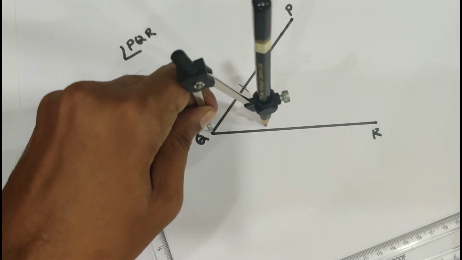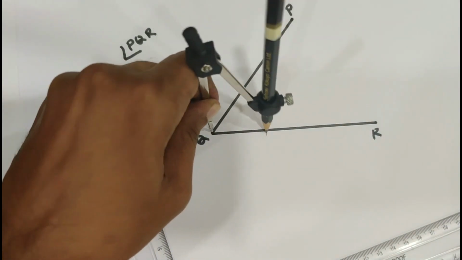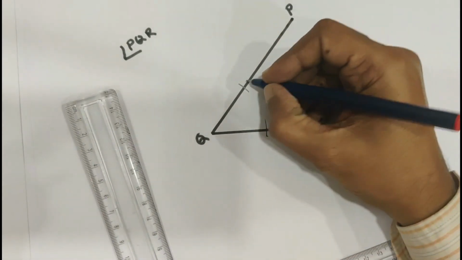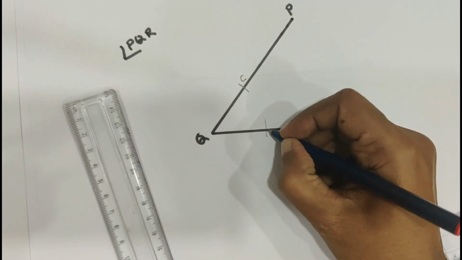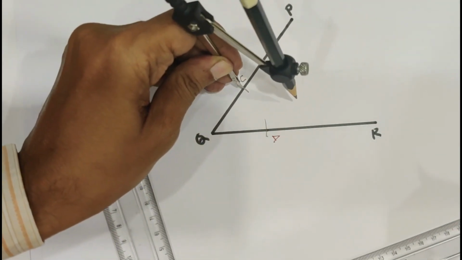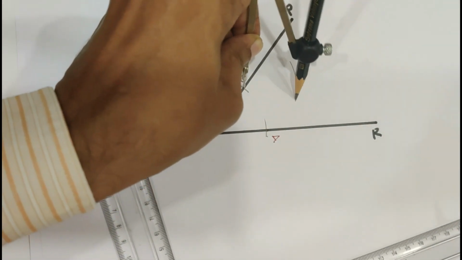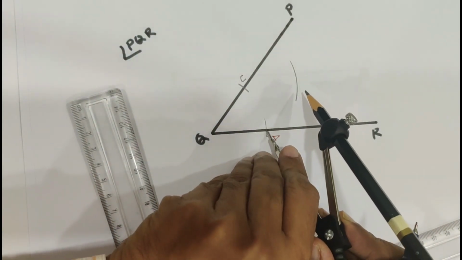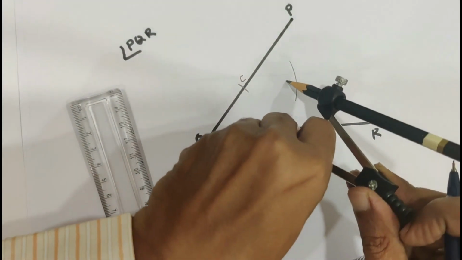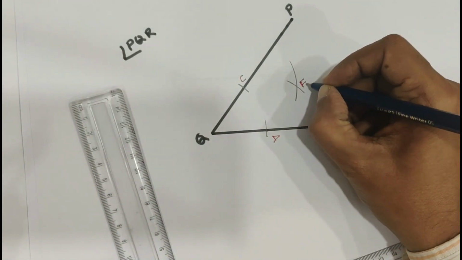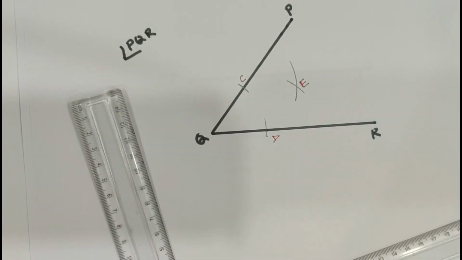With the same radius, draw an arc on QR line. Name this point as C and this point as D. With C as a center, the same radius, draw an arc. With D as a center, with the same radius, draw an arc. Name this point as E.